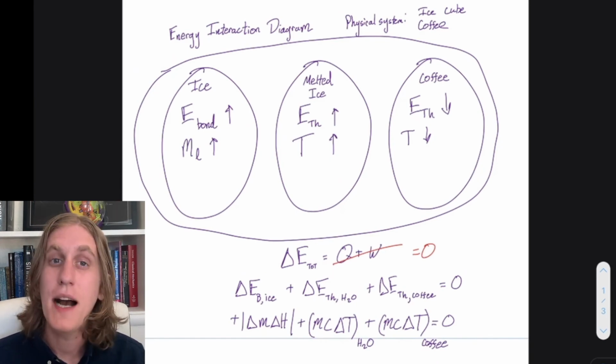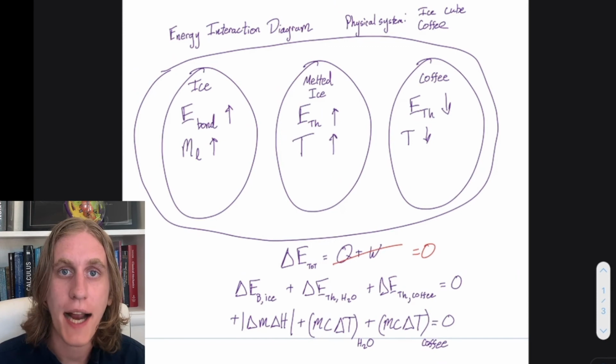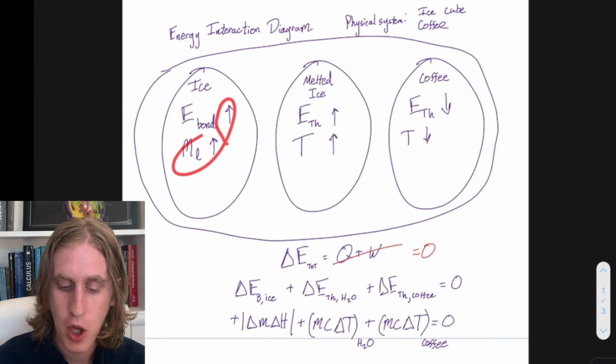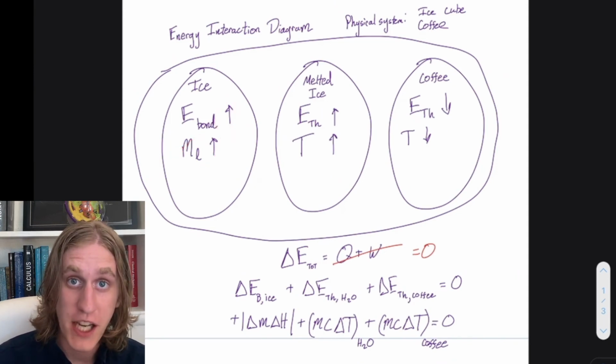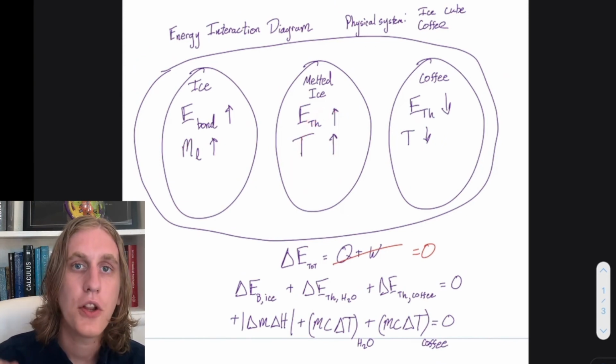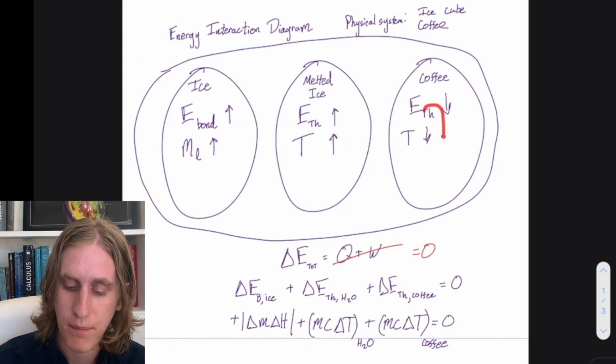We started by identifying which kinds of energy were changing in our system. We found 3 of them. They were the bond energy of the ice, the thermal energy of the ice after it is melted, and the thermal energy of the coffee.